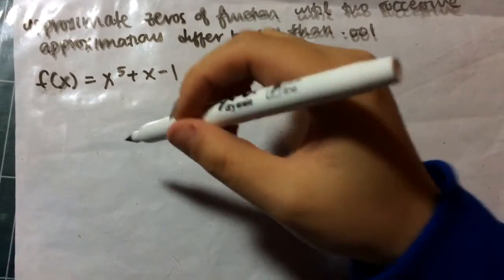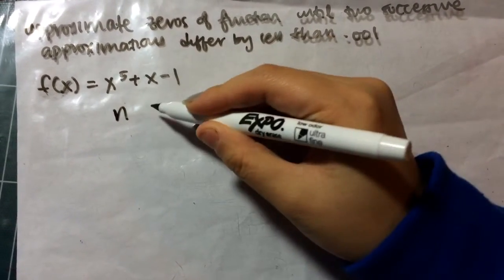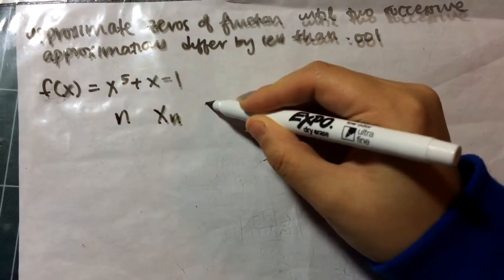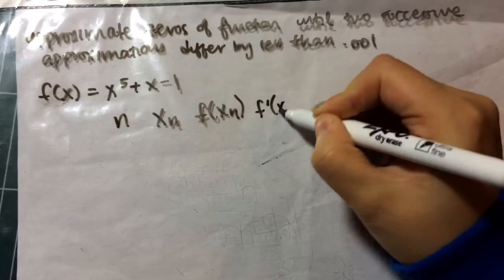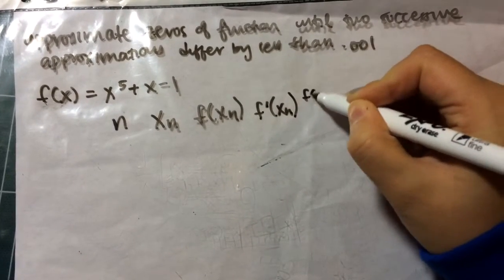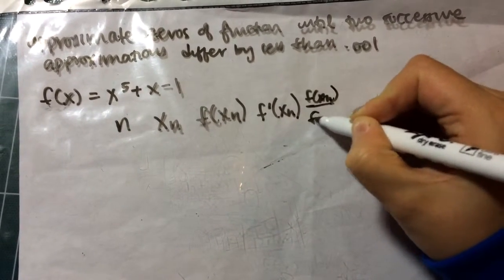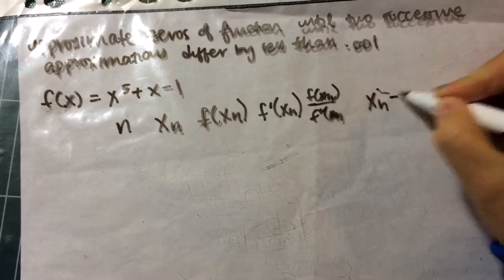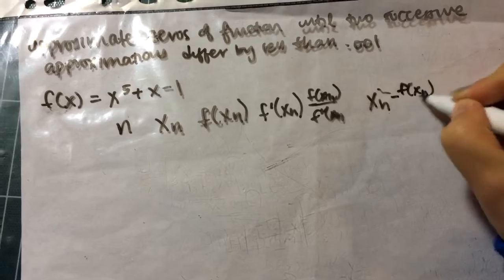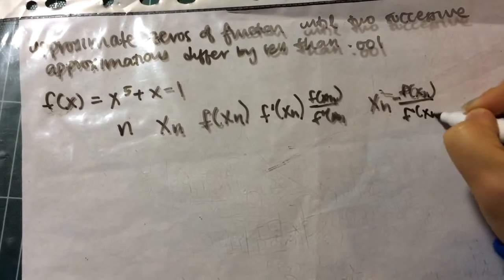First, what you want to do is set up that chart that we talked about previously. So I'm just going to do that real quick. F prime of xn, f of xn over f prime of xn, and xn minus f of xn over f prime of xn.